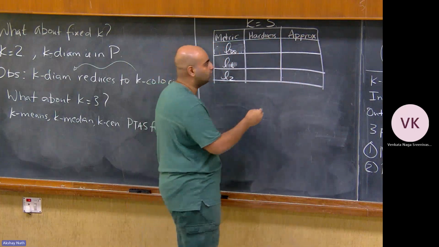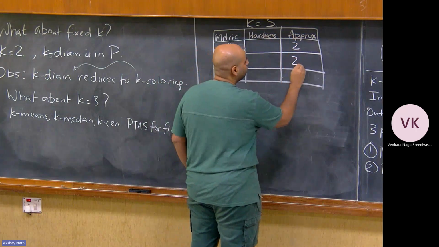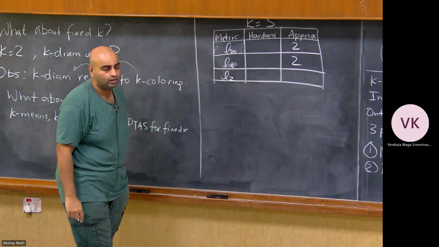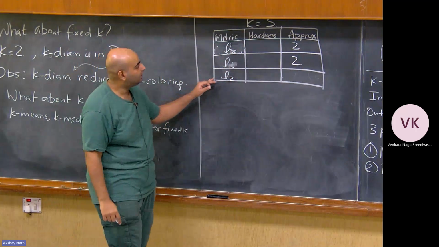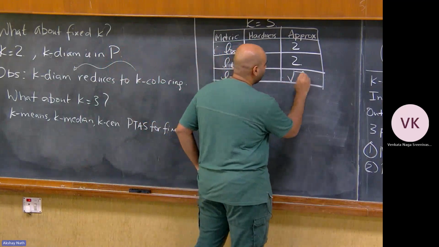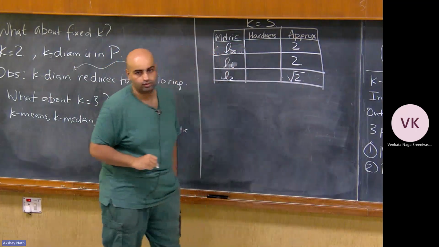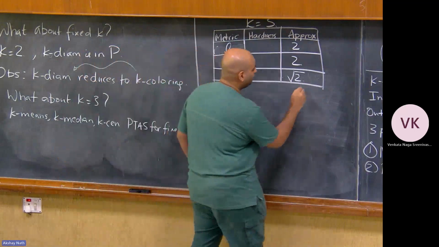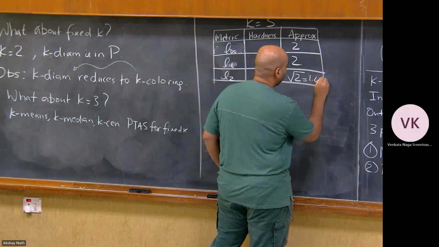It turns out for L infinity and general metrics you can get a 2-approximation. For L2, Euclidean, we can actually do something smart. You get square root 2, which is like 1.414.